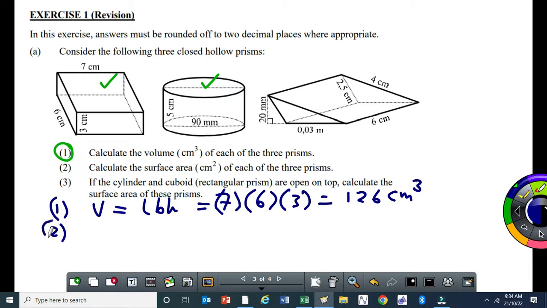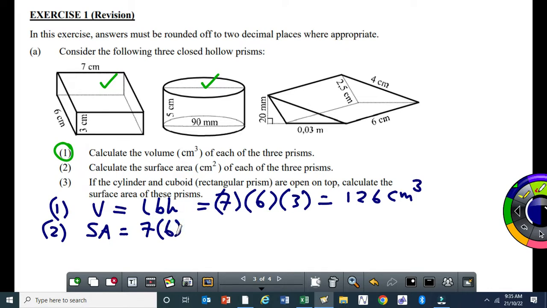Then, number 2, calculate the surface area. Now, remember, this rectangular prism has 6 faces. It has 3 pairs that are equal in terms of area. If I want to calculate my surface area, let me start with the top one. Then I'm going to have 7 times the breadth, which is going to be 6.